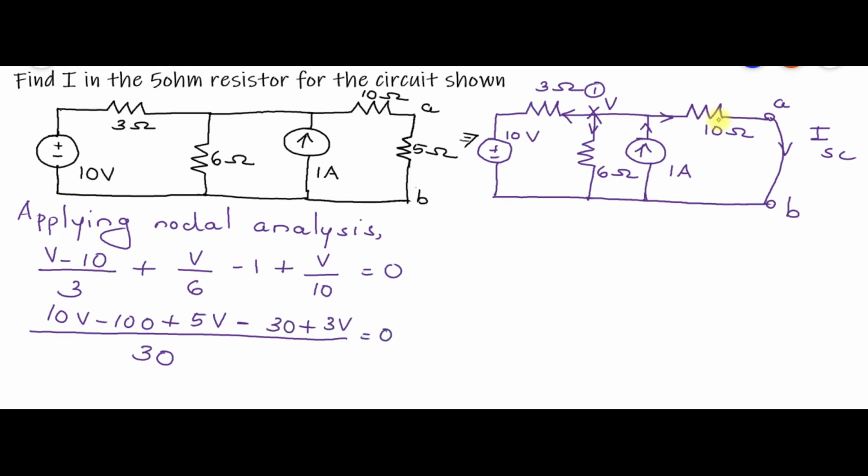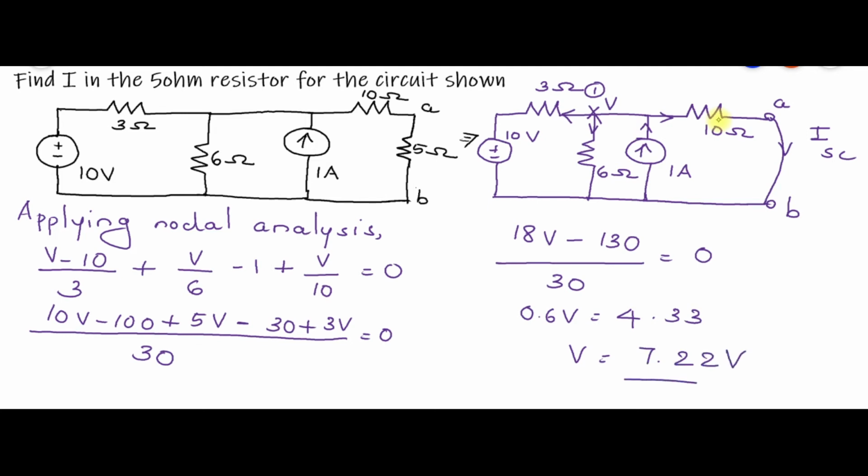Here 10V plus 5V plus 3V will give you 18V. Then minus 100 minus 30, minus 130, divided by 30 equal to 0. So 18V by 30, which is 0.6V, equals 130 by 30, 4.33. Therefore you will be getting V as 7.22 volt.